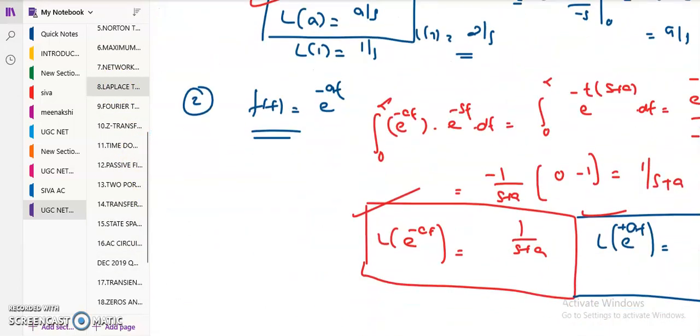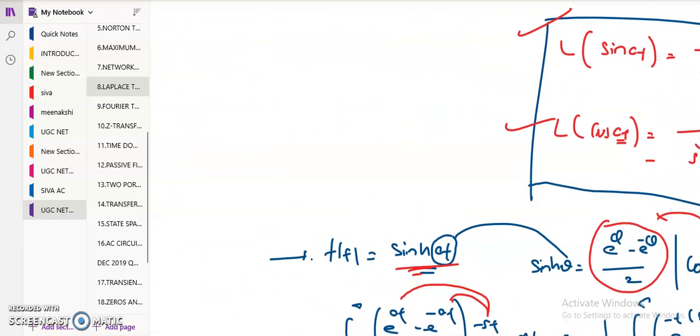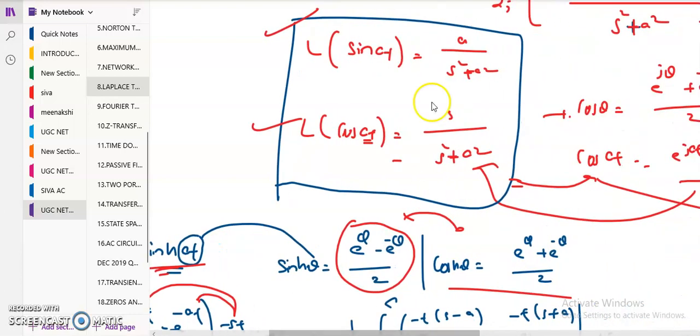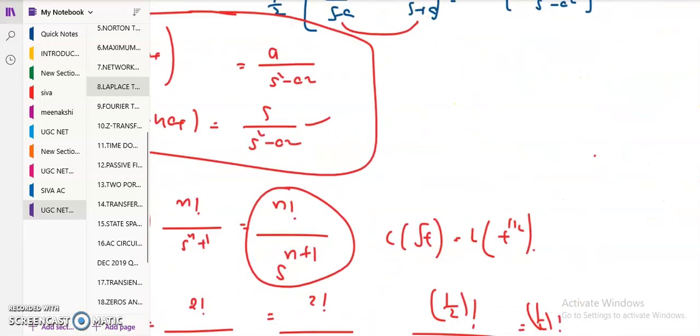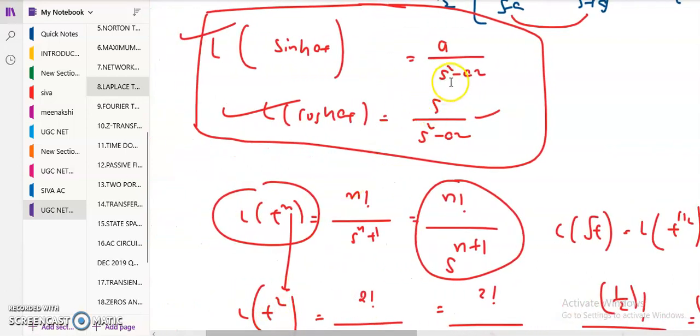In this Laplace transform, you can check that sine at is a divided by s square plus a square, and cos at is s divided by s square plus a square. Coming to the hyperbolic functions, sinh at is a by s square minus a square, and cosh at is s divided by s square minus a square.